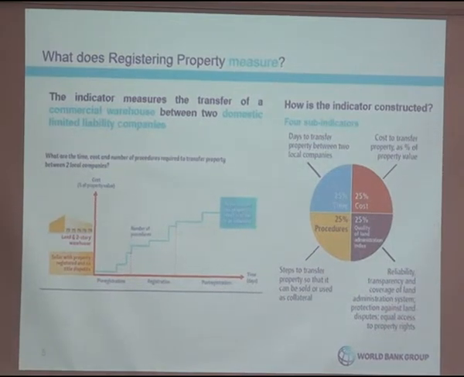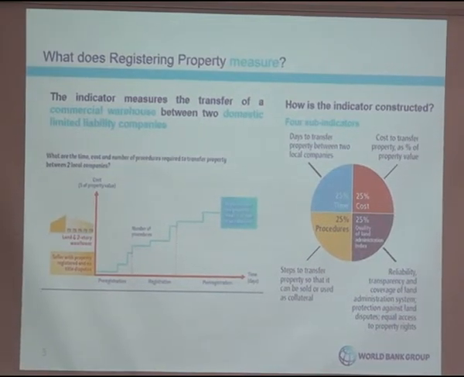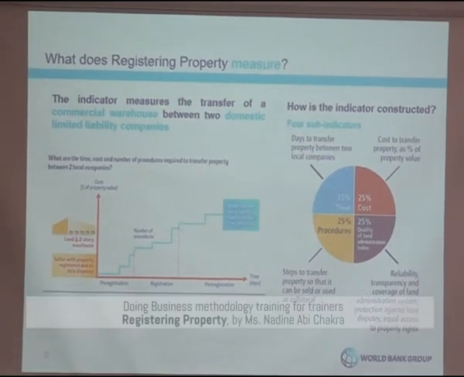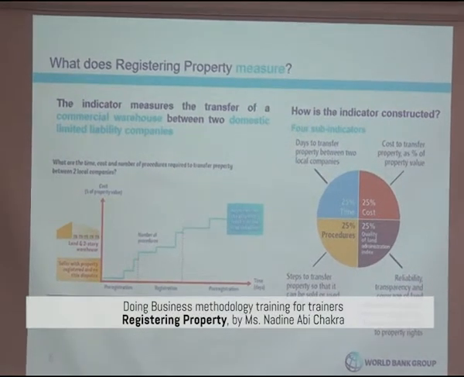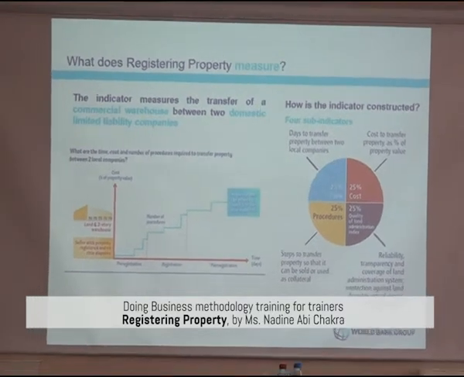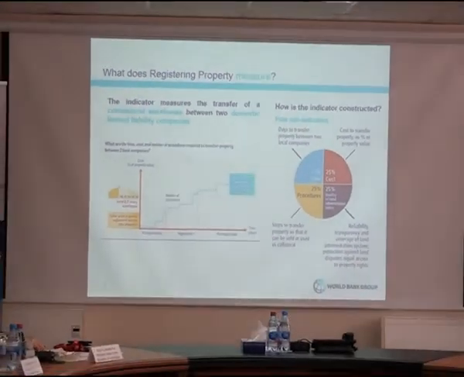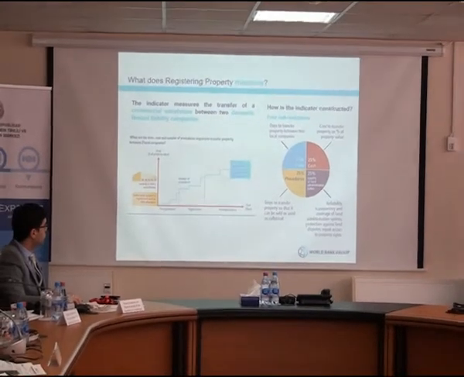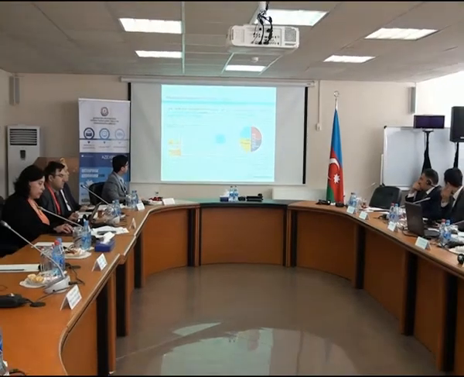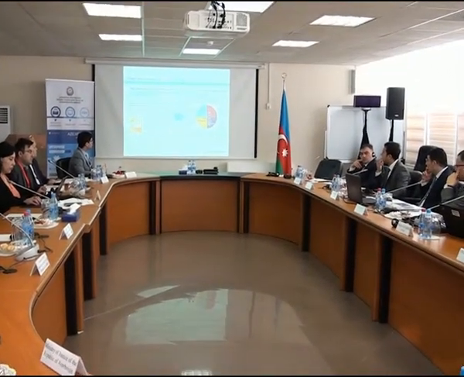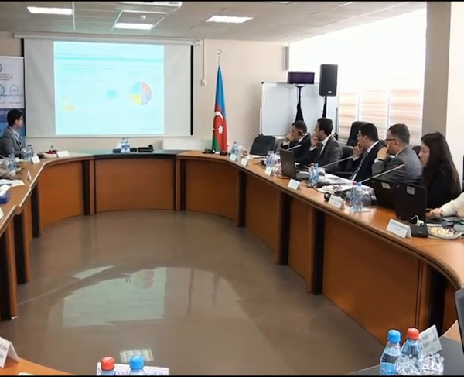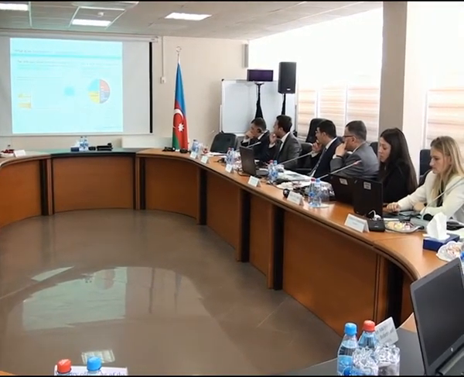The time is calculated based on the median of the time that we received from our contributors, and the cost is always the official cost, so it does not take into account any bribes that must be paid even if they lead to a speeding of the process. So if we know that there are any extra payments that are being done, we would ask the contributors how long it would take to carry out a procedure without having to pay this extra money.